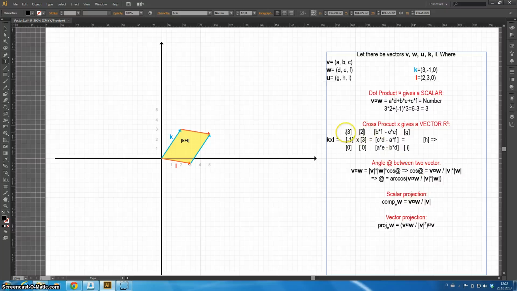This is the first one, though. We take out each one, so we cross product only these ones. The minus 1 times 0 is a 0, and then 0 times 3 is a 0.